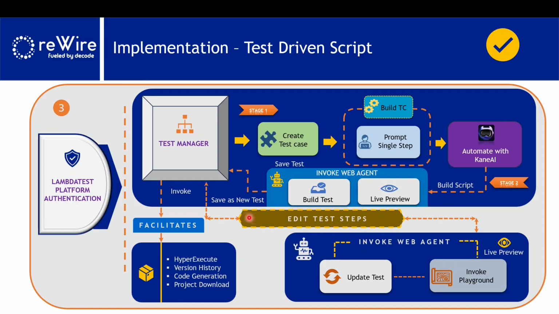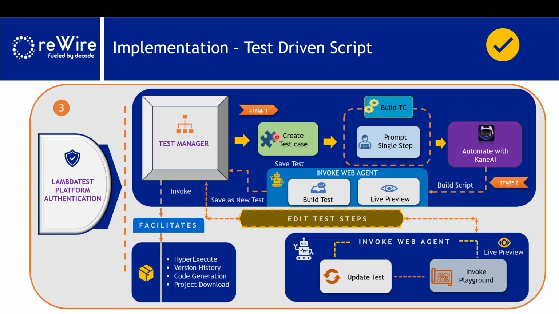In the next section I'll demo you with a simple example to understand the flow that I have explained here. To have a simple understanding of this flow, I framed it as two stages, stage one and stage two.